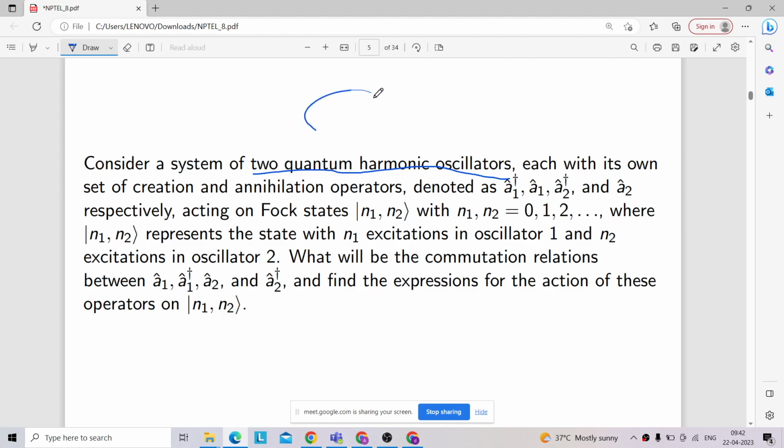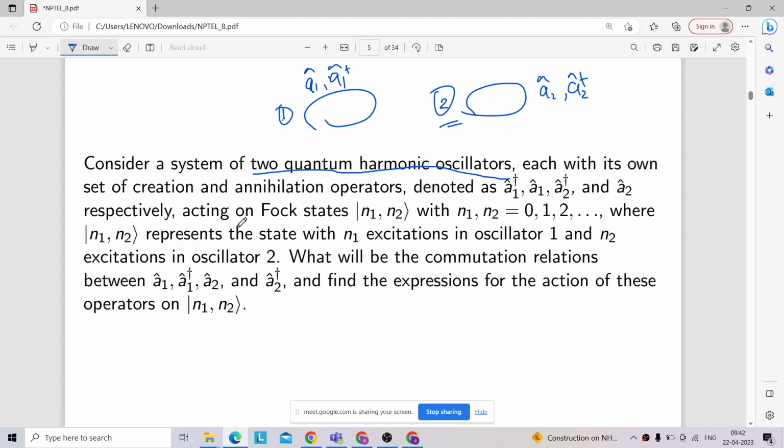So there are two systems of harmonic oscillators, and their creation and annihilation operators are A1, the annihilation operator for system 1, and A2 for system 2. The creation operator for system 1 is A1 dagger. Similarly, the annihilation operator is A2, and the creation operator is A2 dagger for system 2.